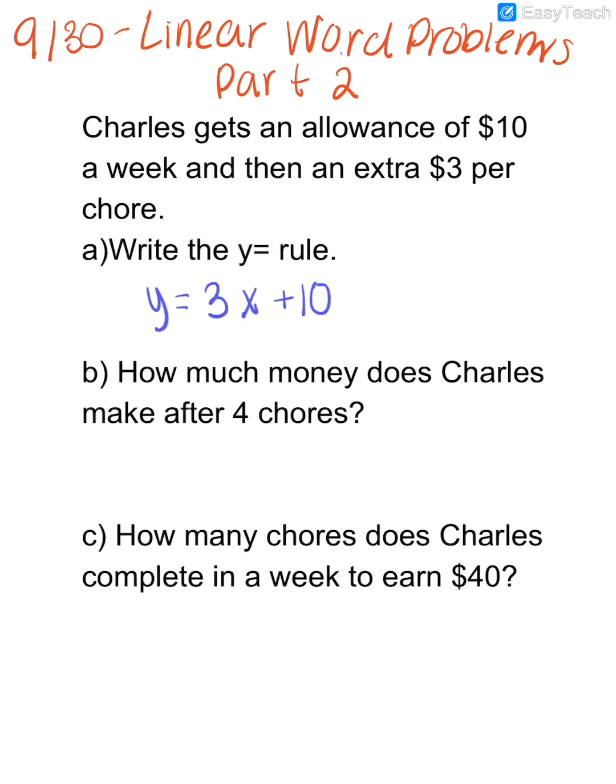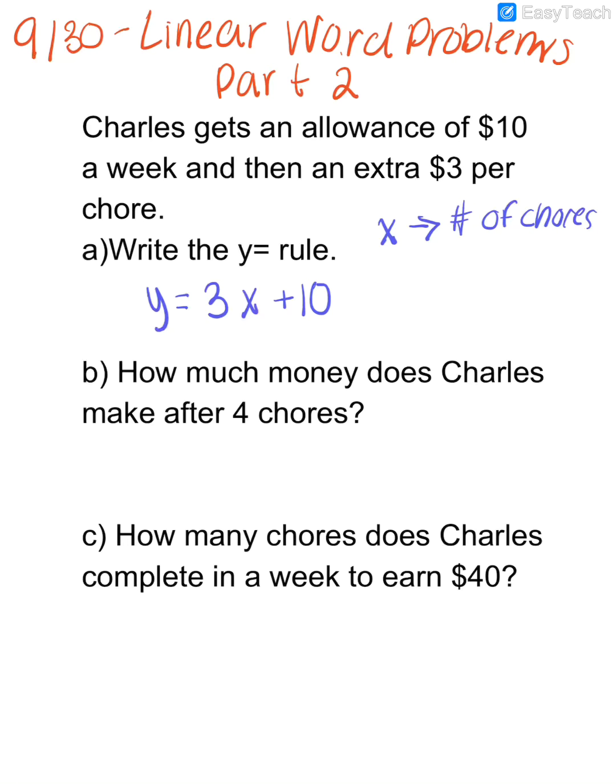So we're going to make sure we define our variables here, because that's going to help us with our next couple questions. So x is the number of chores he does, because it's $3 every time he does a chore. So you can think of that x as it being like every time something happens, okay? Or you can think of that x as per, because it's $3 per chore.